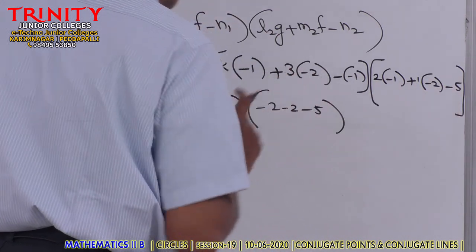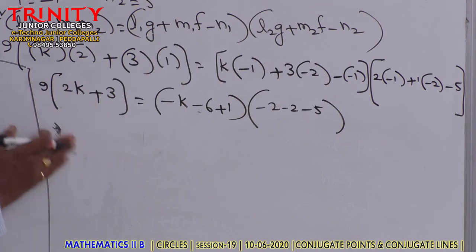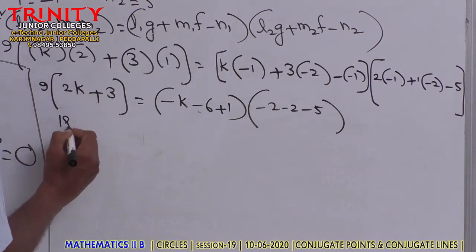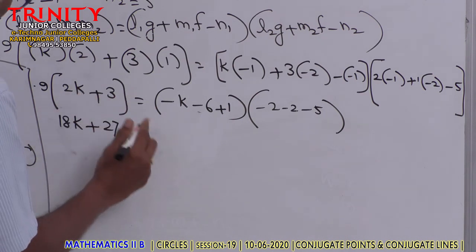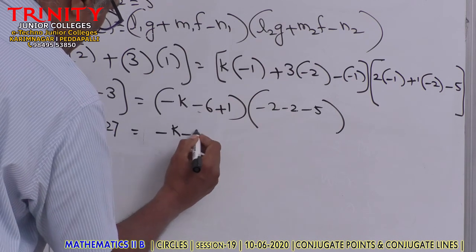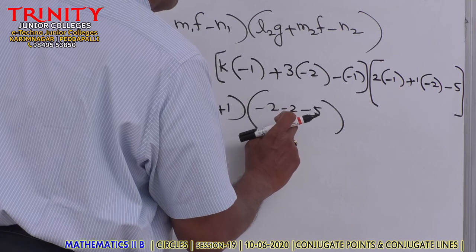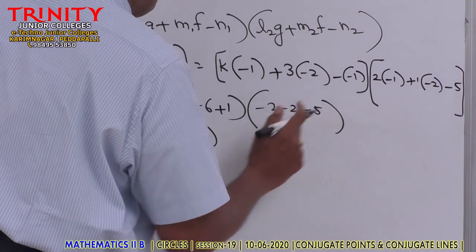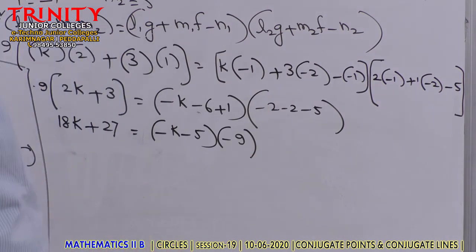Okay. Here 9 into, it is 18k plus 27 equals to minus k, minus 6 plus 1 minus 5 into minus 2, minus 2, minus 5, minus 9. Okay.